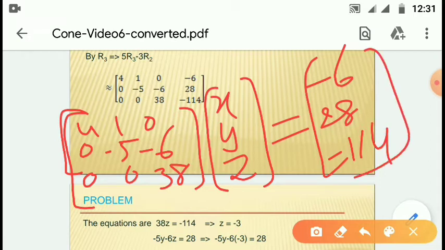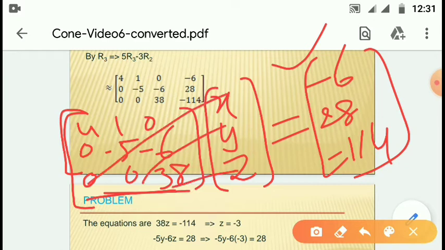By applying the multiplication and equating to this constant matrix, from the third row we get the equation 0 into x, 0 into y, 38 into z.